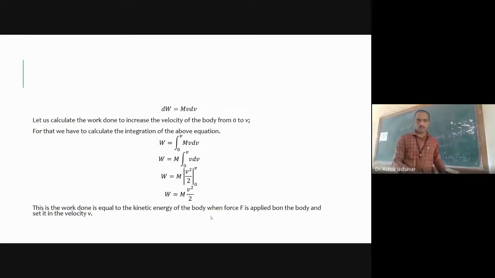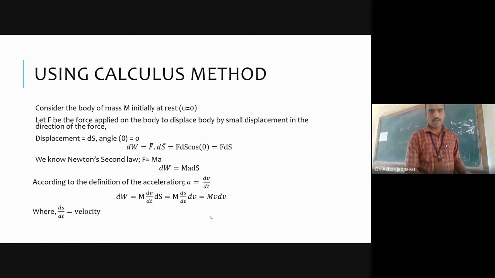So let us look at the recap of what we have seen here. Over the screen you will see what we have written and discussed. We have considered a body which is initially at rest, then some force is applied on the body, and because of that applied force, the body is displaced by a very small distance, a displacement ds.